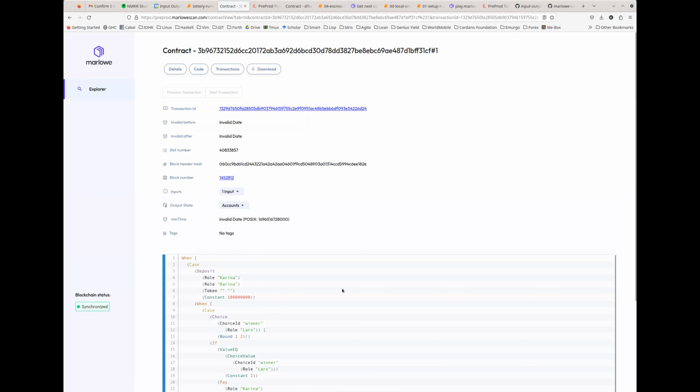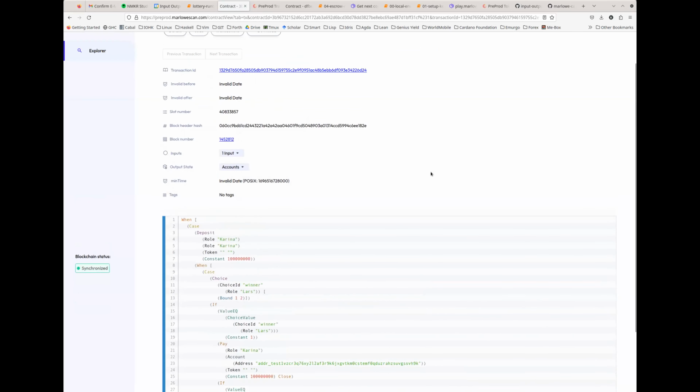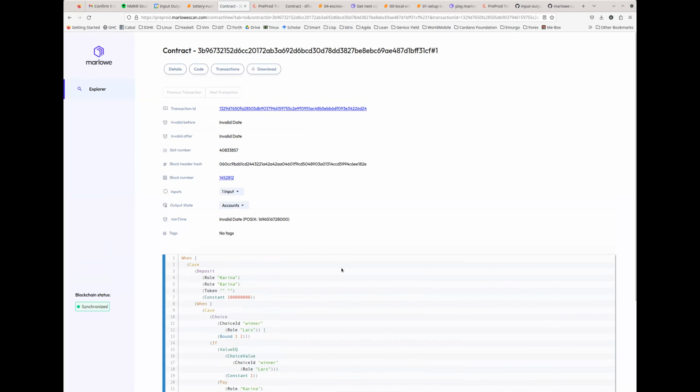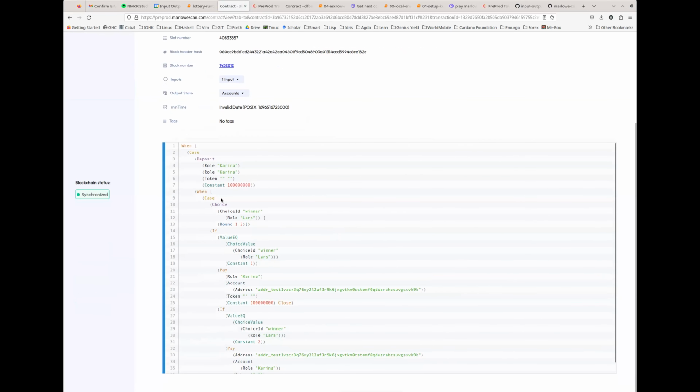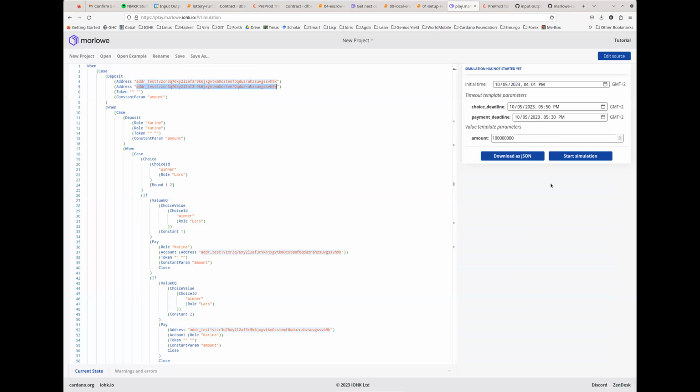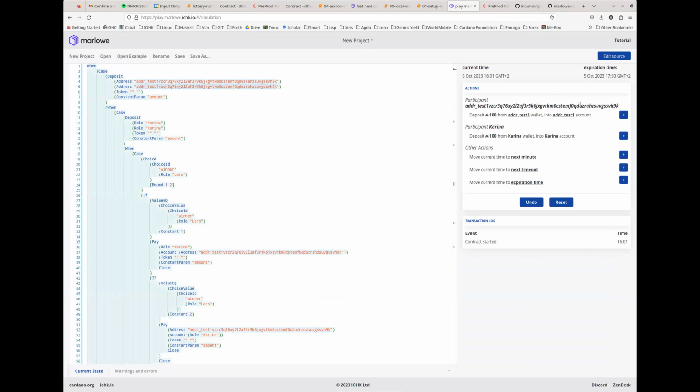Right, and now we see that the contract has reduced. Remember in the beginning, there were two possible external triggers. Either Karina or Robertino could make their deposits. Now Robertino made his, so the contract has reduced, as we also saw in the simulator. So I can go back to the simulator.